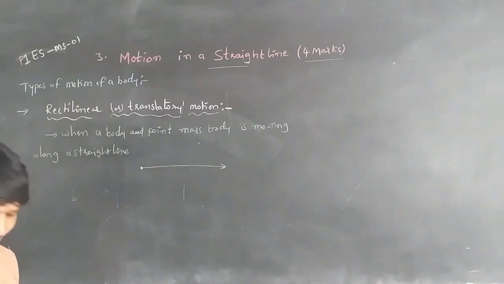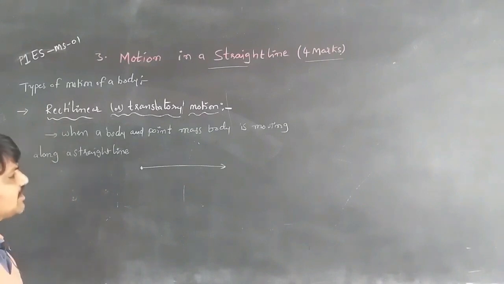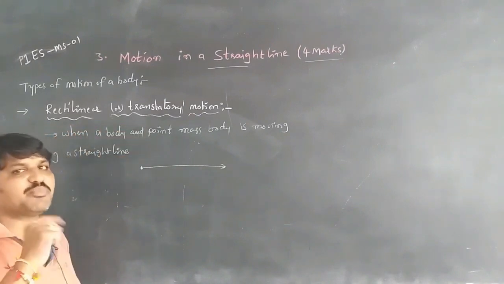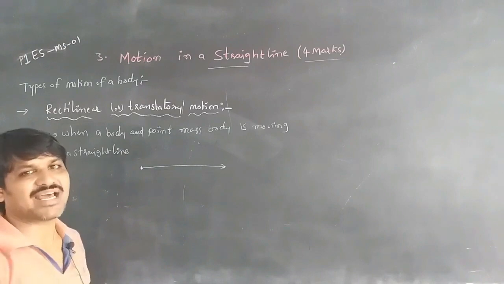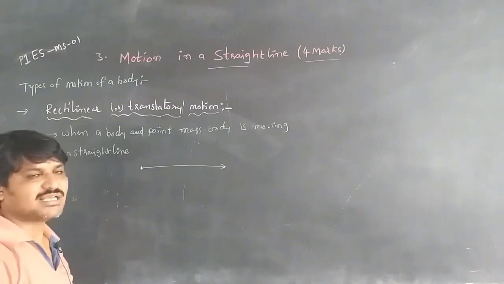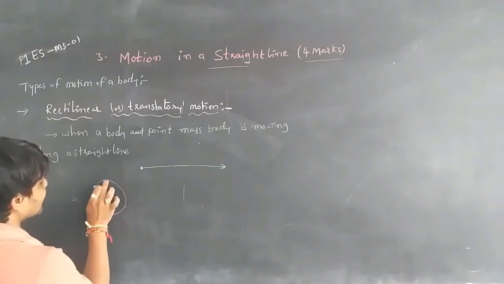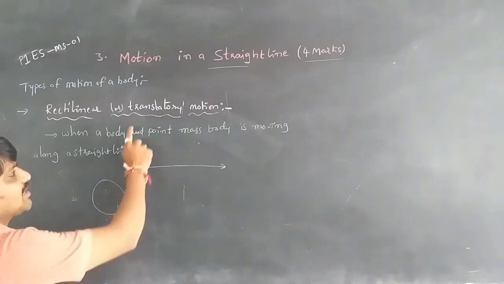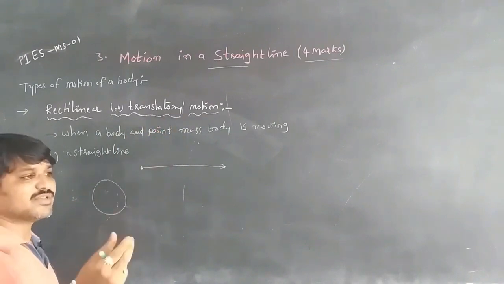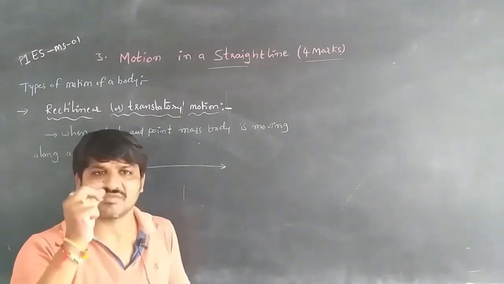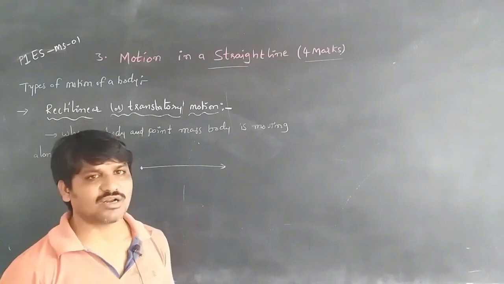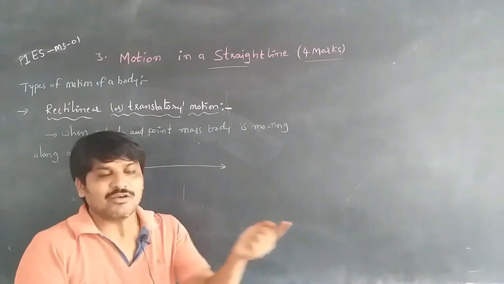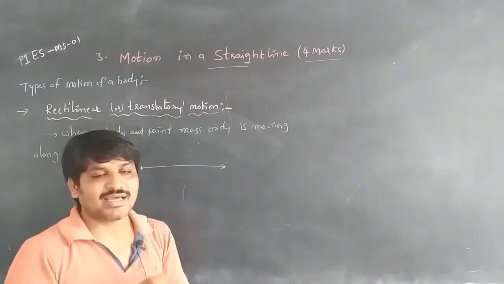The rectilinear motion can be called translatory motion when its constituent particles also move in the same direction, along parallel straight lines. A point mass body cannot be taken as translatory motion; only when the body is a heavy body containing particles or molecules is it called translatory motion, because those molecules have to translate from one place to another along parallel straight lines in a given time.